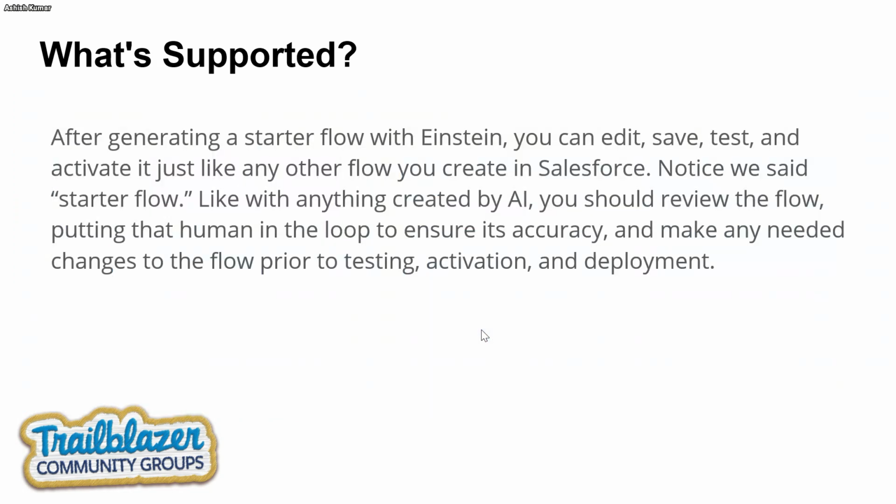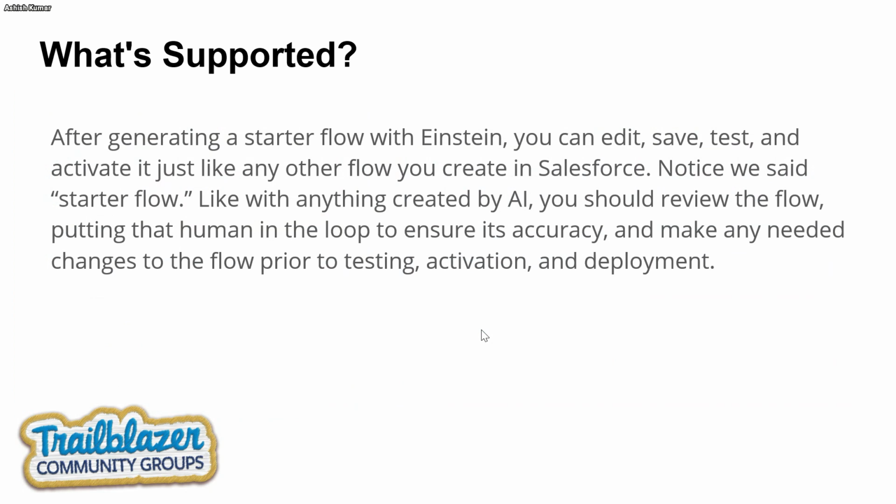And what's supported basically? After generating the started flow with Einstein, you can edit, save, test, and activate. It's just like any other flow you create in Salesforce. Notice we said started flow. Like with anything created by AI, you should review the flow, putting that human in the loop to ensure its accuracy, and make any needed changes prior to testing, activation, and deployment.